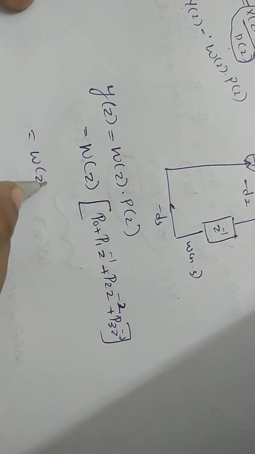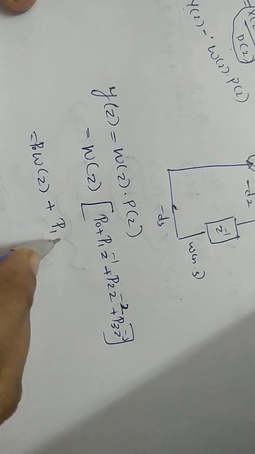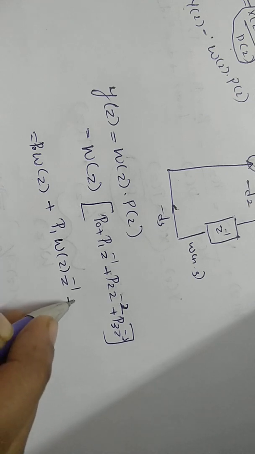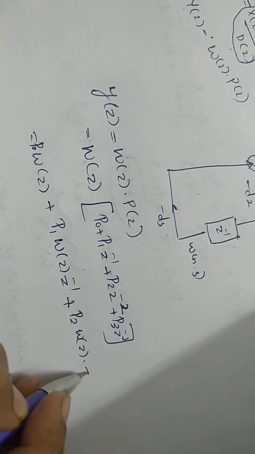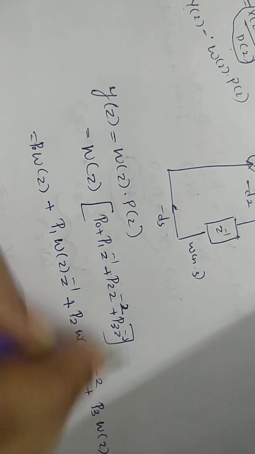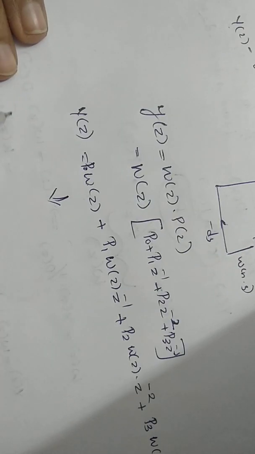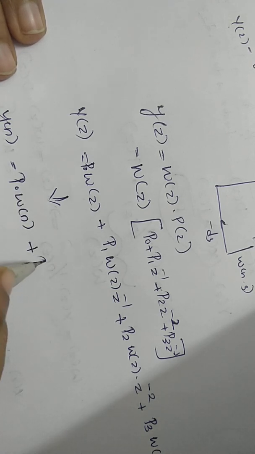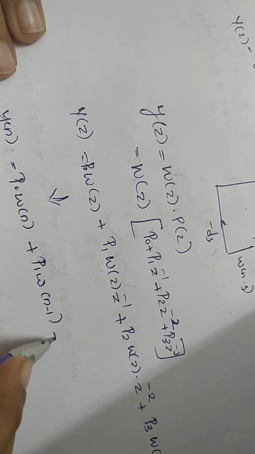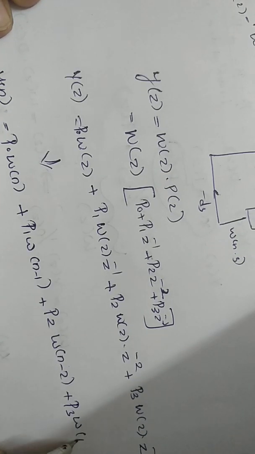Multiplying the terms: p0 w of z plus p1 w of z z inverse plus p2 w of z into z raised to minus 2 plus p3 w of z into z raised to minus 3. That is equal to y of z, and converting it into the time domain: y of n is equal to p0 into w of n plus p1 into w of n minus 1 plus p2 into w of n minus 2 plus p3 into w of n minus 3.